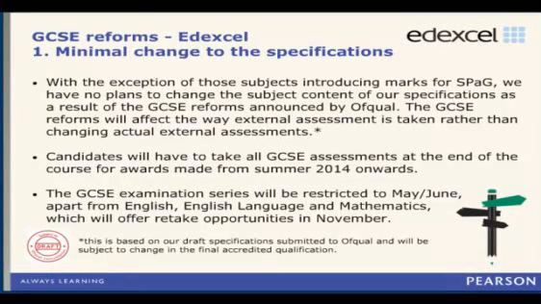There are no plans to change the subject content of the specifications. The GCSE reforms really affect the way in which external assessment is taken, rather than changing the actual external assessments. So candidates will have to take all their GCSE assessments at the end of the course for awards made from summer 2014 onwards, which again is what happens with GCSE Art and Design at present.